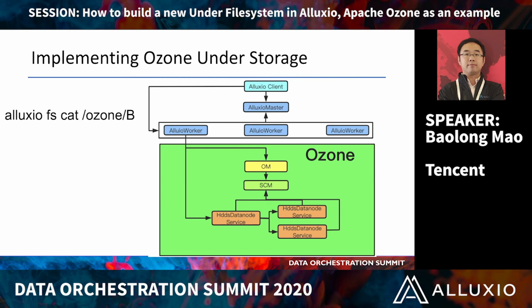It can speed up file system semantic operations like list status. List status is an expensive operation for an object store, but for a file system, it is easy and fast. Also, Alluxio can cache the data for Ozone, so I think Alluxio can speed up Ozone for big data workloads.